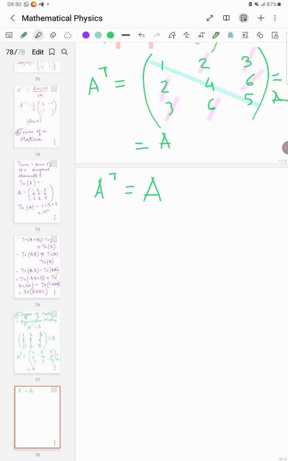Alright. So apart from the diagonal, both sides of the diagonal need to be symmetric in order for a matrix to be symmetric.